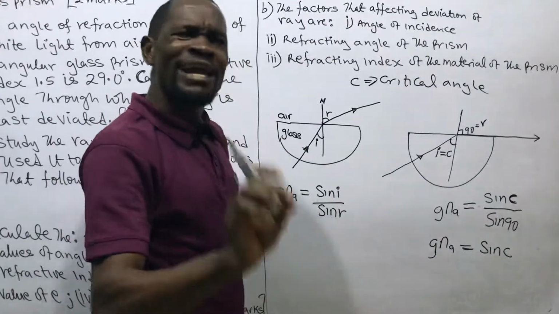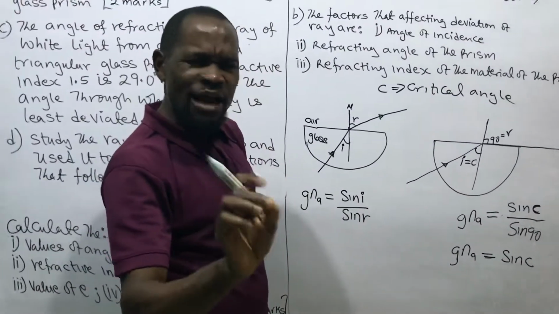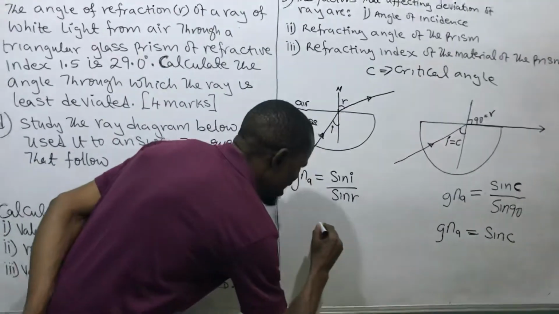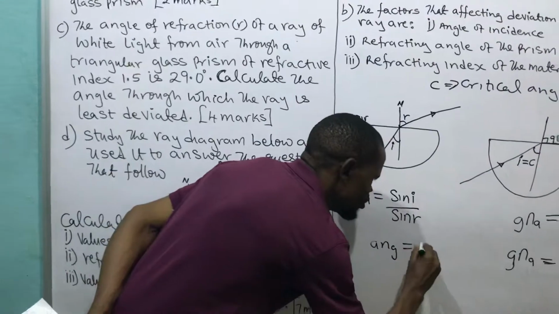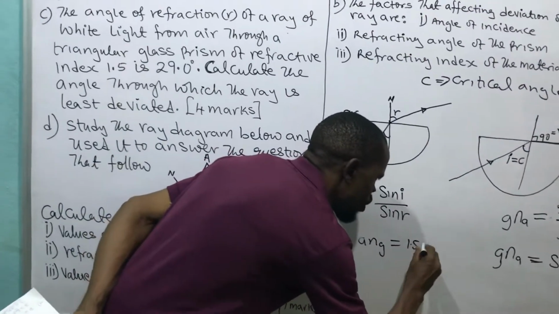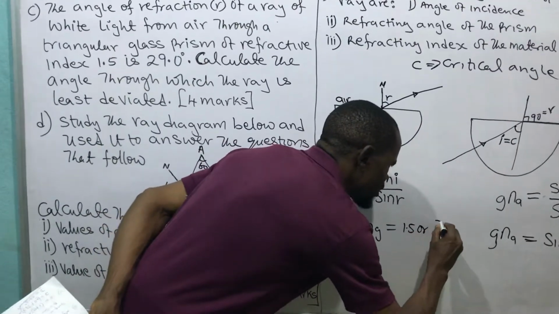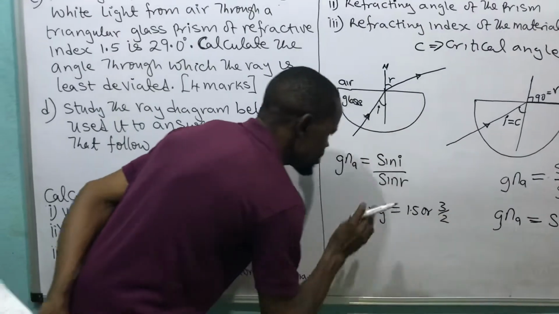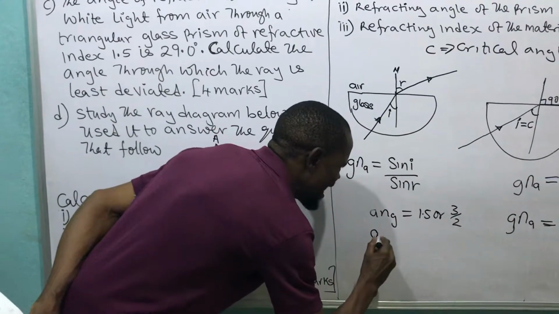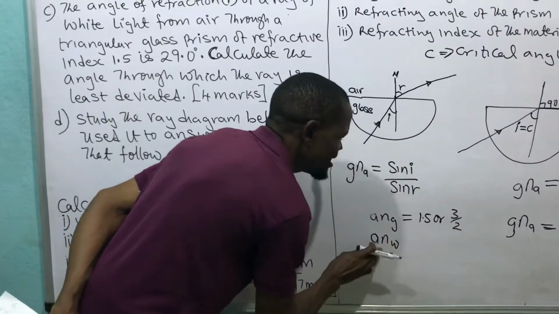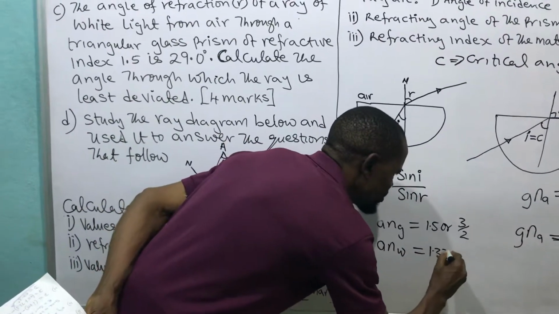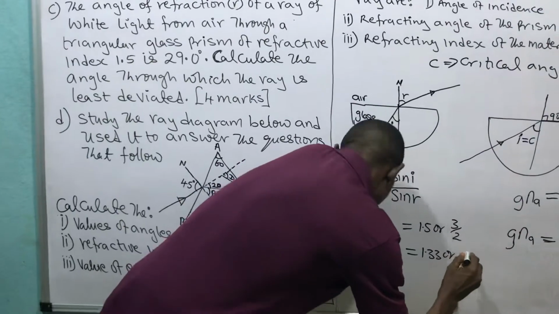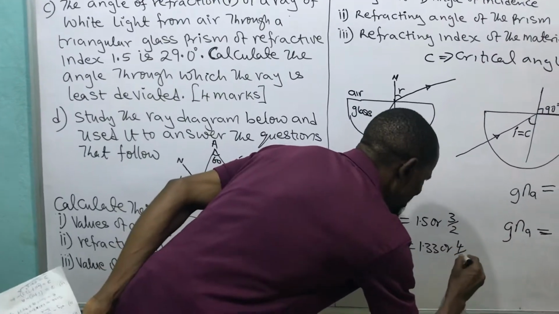The refractive index of air, glass and water. That means air to glass refractive index is 1.5 or 3/2. Another one I have is air to water, which means the refractive index of water, which equals 1.33 or 4/3.